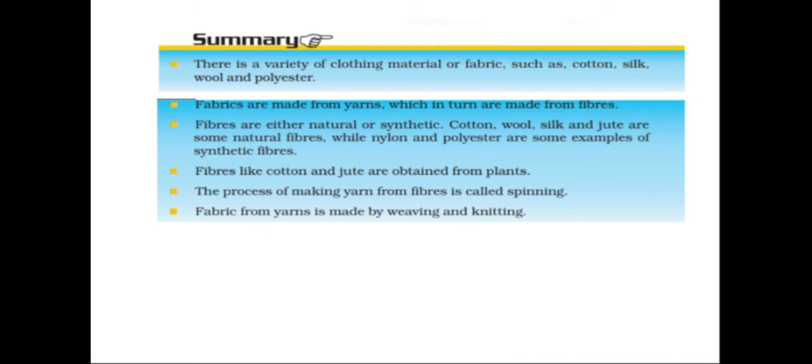Means if we collect fibers from nature, it is natural fiber, and if we use chemicals to make these fibers, it is synthetic. Cotton, wool, silk and jute are some natural fibers, while nylon and polyester are some examples of synthetic fibers. The next one is fibers like cotton and jute are obtained from plants.